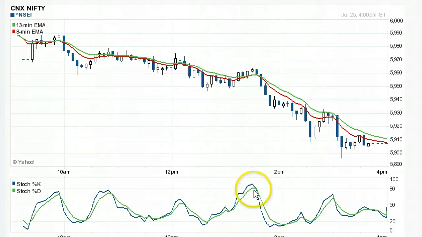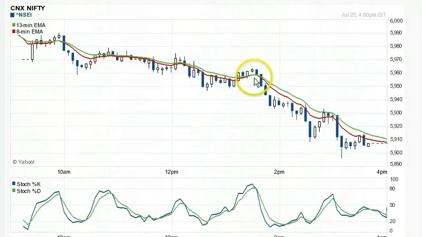To couple that, as you can see here at the bottom, the stochastic indicator varies from 0 to 100. Whenever it hits 80 you can probably go short, and whenever it hits 20 you can go long.